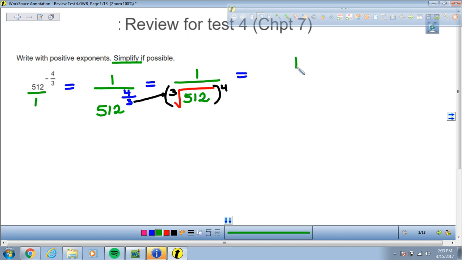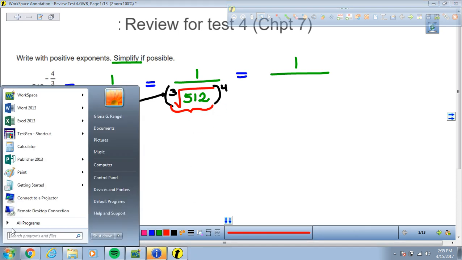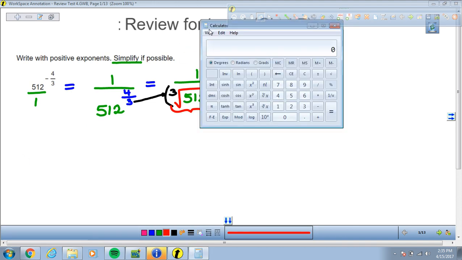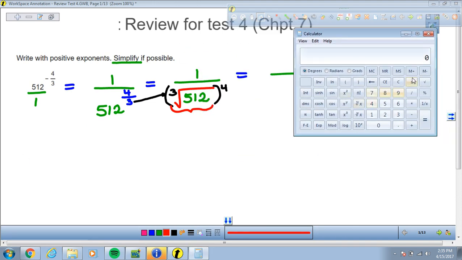So what you're going to do next is first solve the inside of this parenthesis. So let's find what's the cube root of 512. We need to figure out what number multiplied by itself 3 times equals 512. For example, what if we do 6 times 6 times another 6?